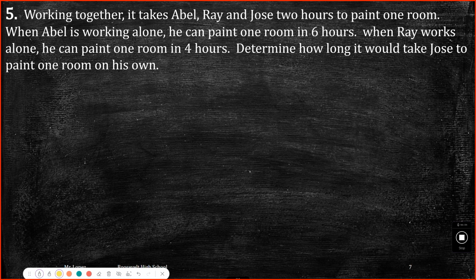When Abel is working alone, he can paint one room in 6 hours. When Ray works alone, he can paint a room in 4 hours. Determine how long it would take Jose to paint one room on his own. All right, so this one is, we're going to do it completely different than all the other ones we just did.